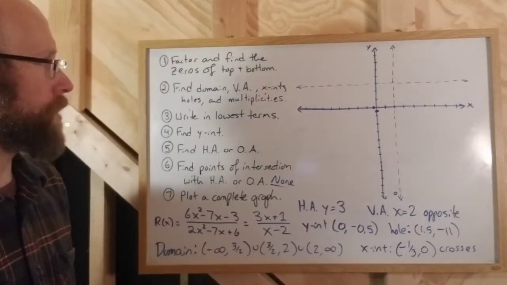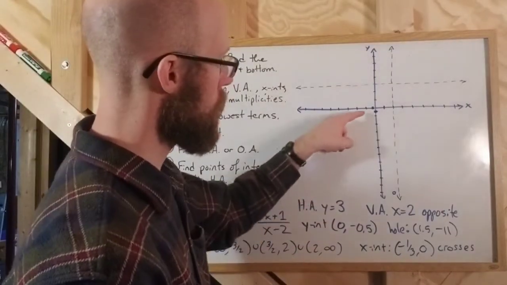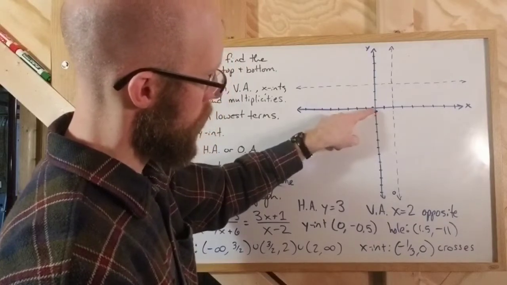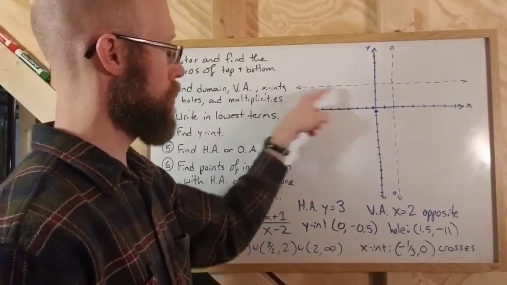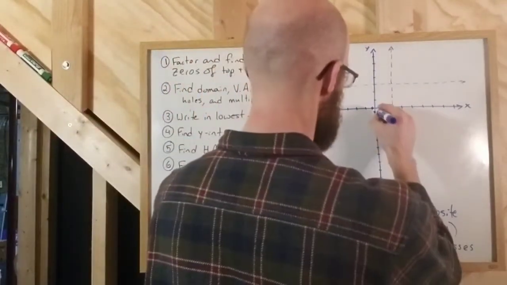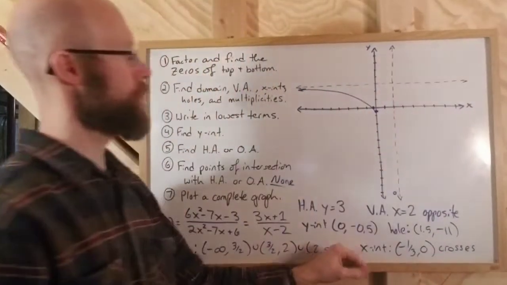So if I were to plot this out, I can tell right away, I know that this graph goes through the x-axis here, and it has to come up through and approach this horizontal asymptote. So I know it's going to go up and back like so.